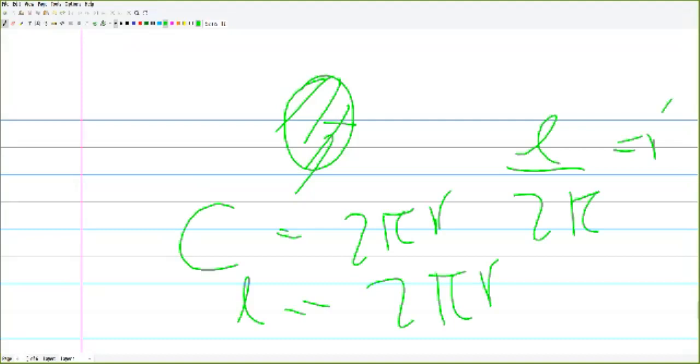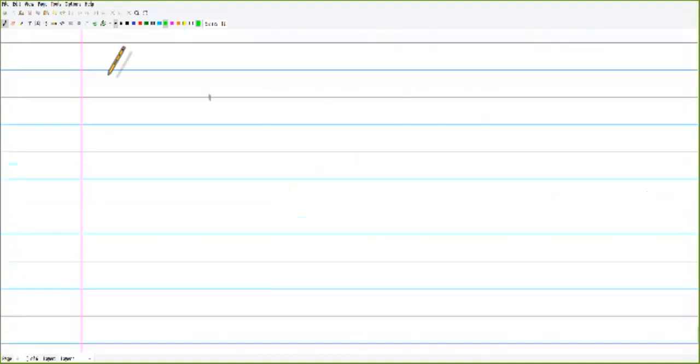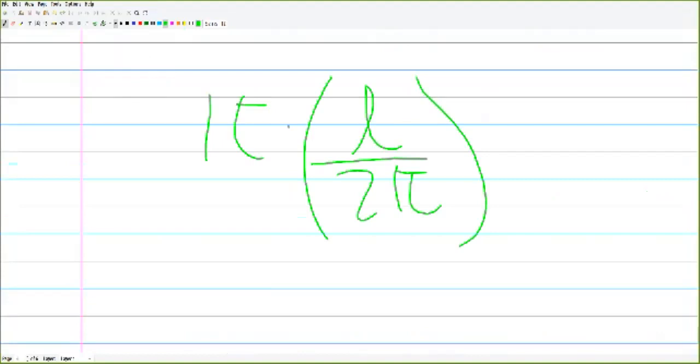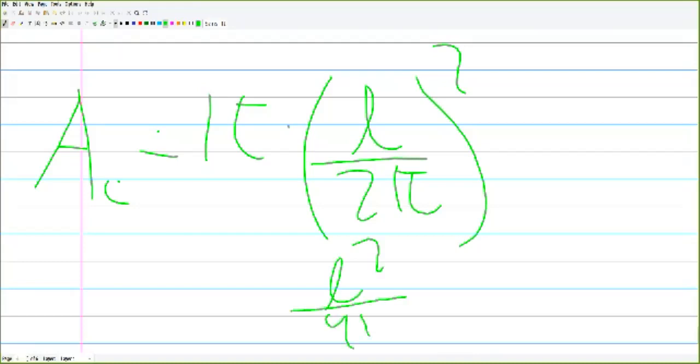The area is pi r squared. So pi times r all over 2 pi squared. That's equal to the area of the circle, which is the maximum area. And so 2 r squared over 4 pi squared, which cancels with this. That's the maximum area. L squared over 4 pi.